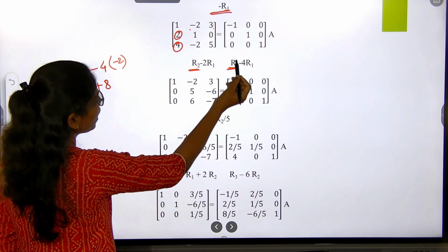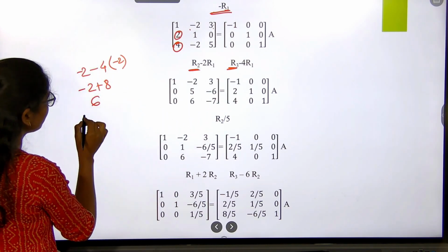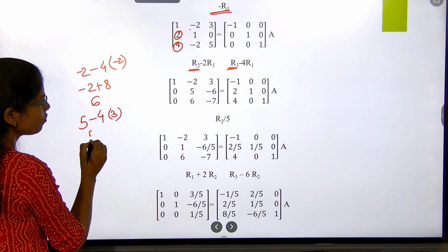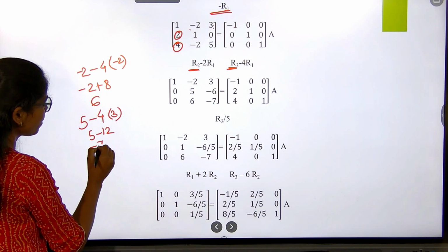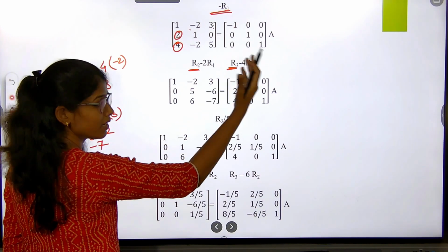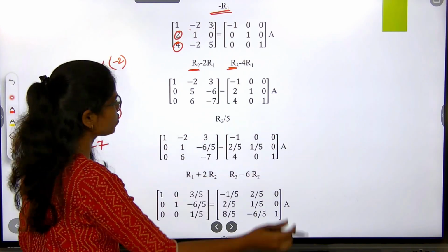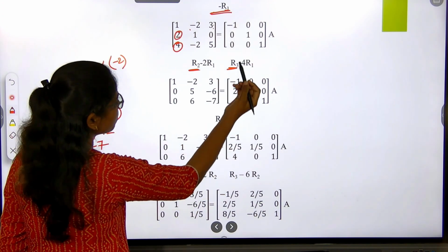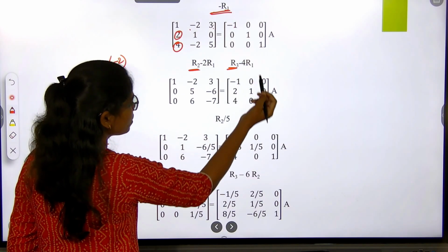Then 5 minus 4 into 3, so it is equal to 5 minus 12, so it is equal to minus 7. So simultaneously we are doing changes in the right side also. So here 0 minus minus 4, so it is 4, 0 plus 0 is 0, 1 plus 0 is 1, okay.